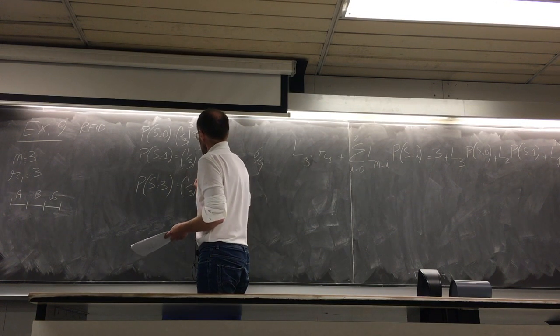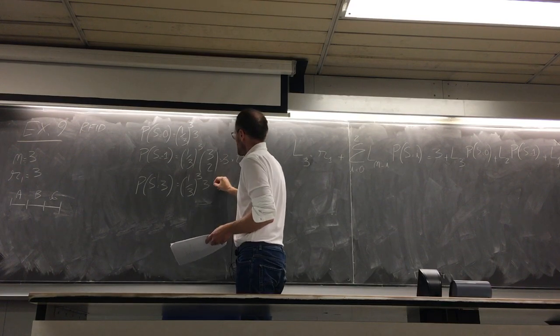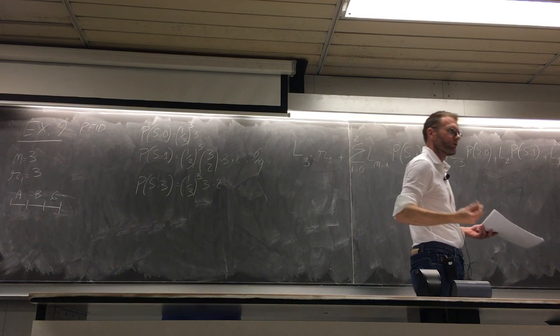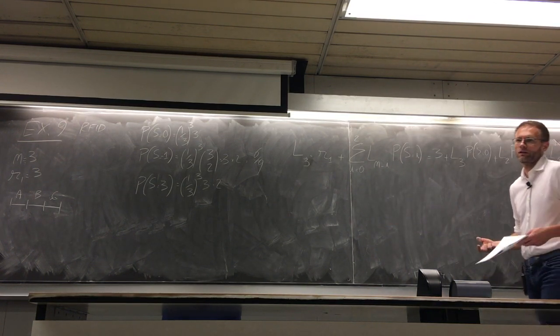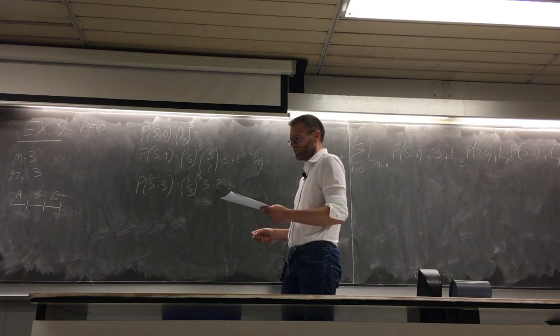This is 1/3 to the power of 3, multiplied by 3 times 2, or 3 factorial. It's the number of dispositions of 3 elements, 3 factorial. And it should be equal to 2/9.